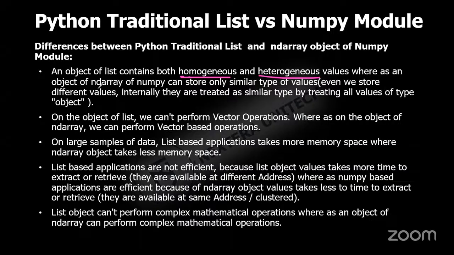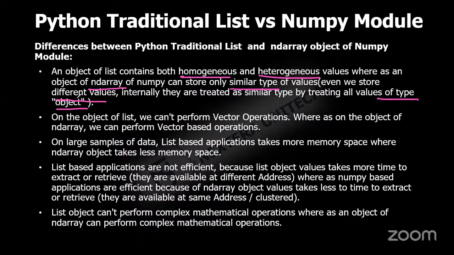But if you take an object of n-dimensional array, NDarray, it can store only values of a similar type. What does that mean? Even if you try to store values of different types, internally all these values will be treated as the same type, that is object.